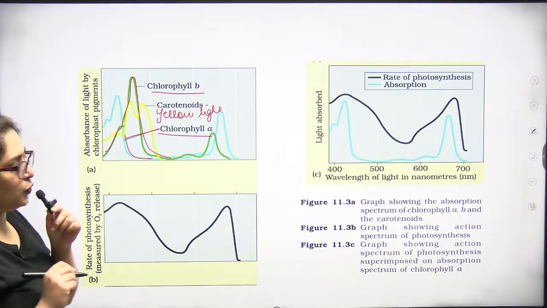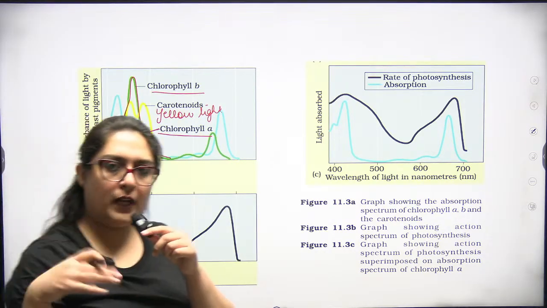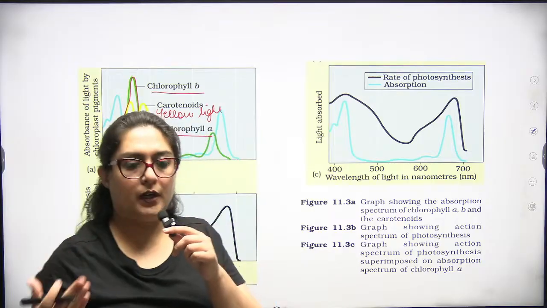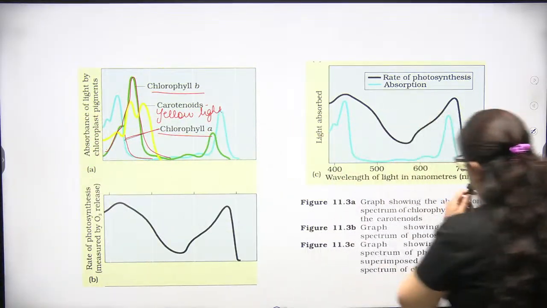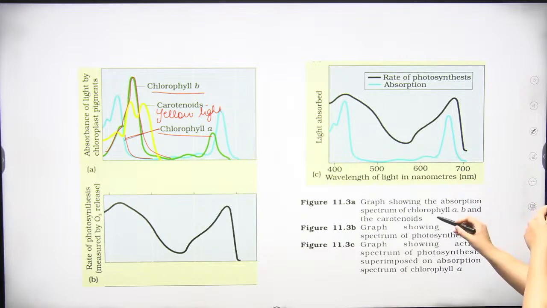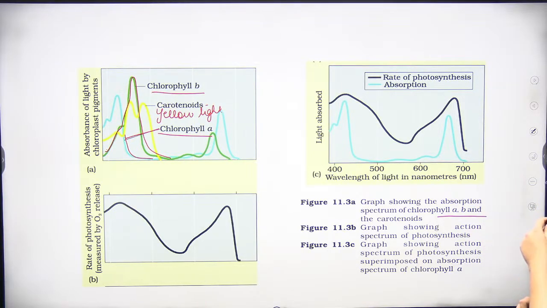Now, rate of photosynthesis and absorption. The more sunlight is absorbed, what will be the rate of photosynthesis? Chlorophyll a, b.